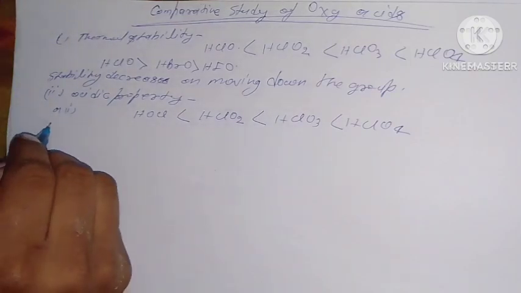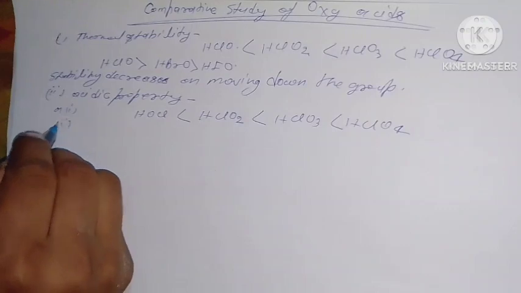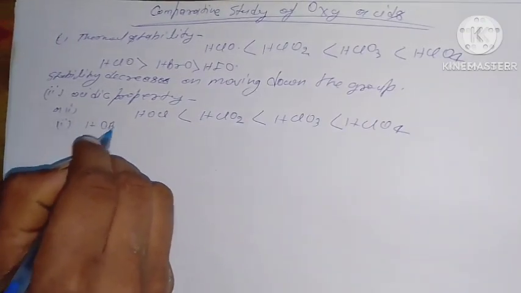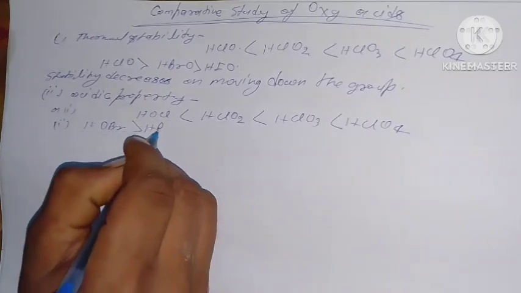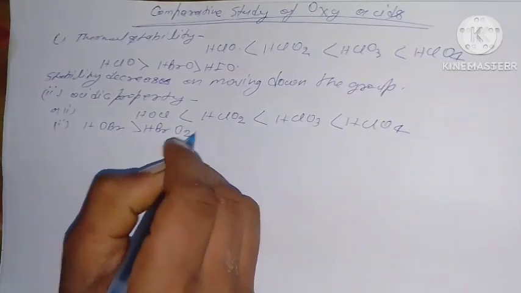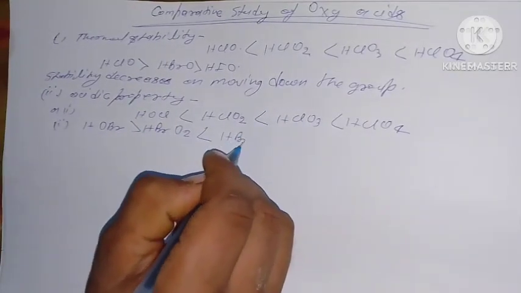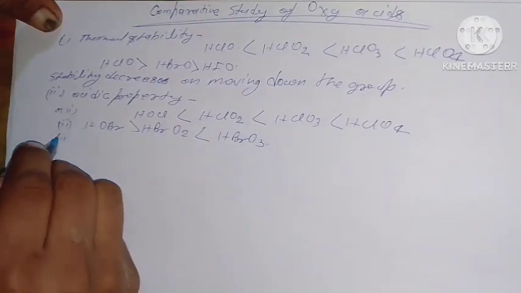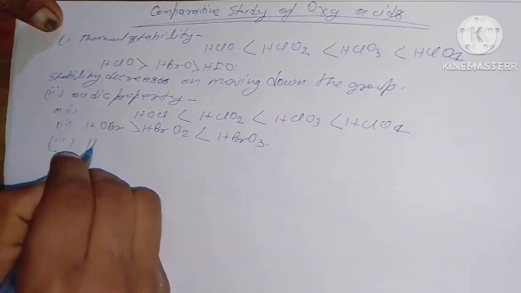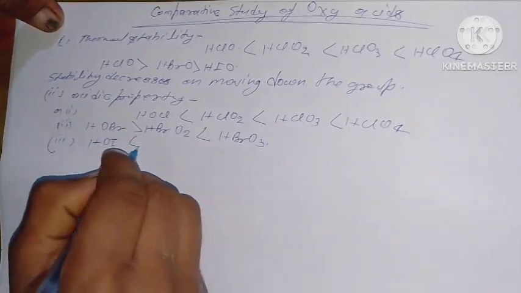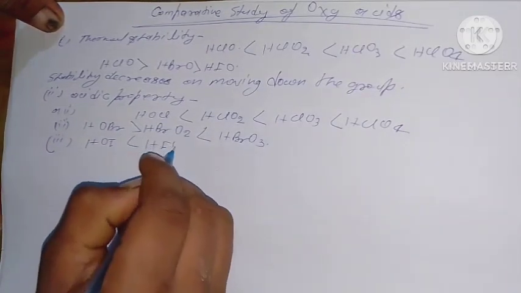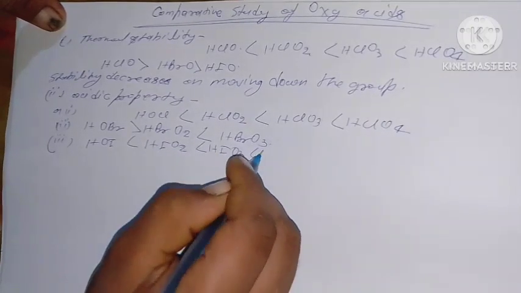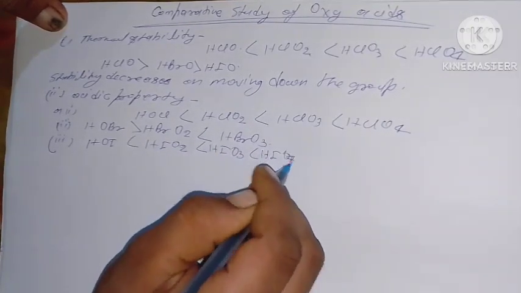Next point. Second point, HOBr is less than HBrO2 is less than HBrO3. Okay. Third point, HOI is less than HIO2 is less than HIO3 is less than HIO4.